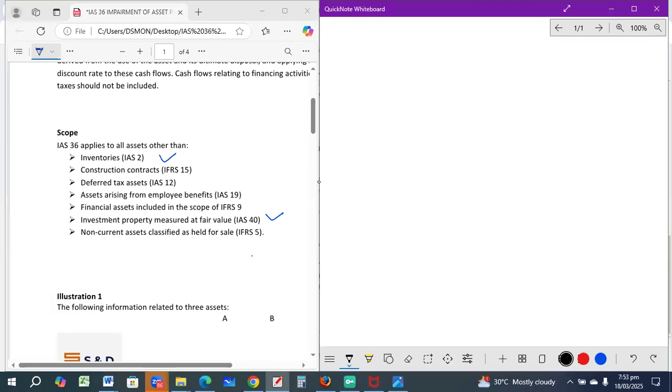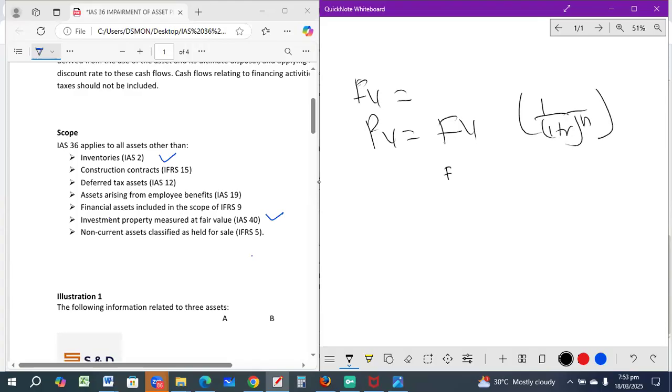So I was saying that present value will be equal to the future value multiplied by 1 over 1 plus r raised to the power n. We can rewrite it as 1 plus r raised to the power negative n, multiplied by the future value.